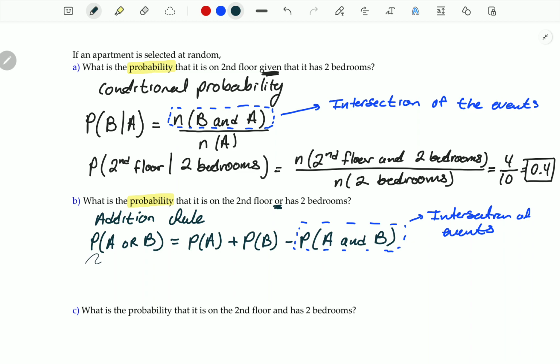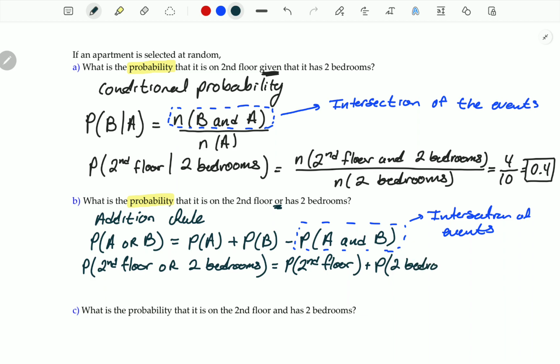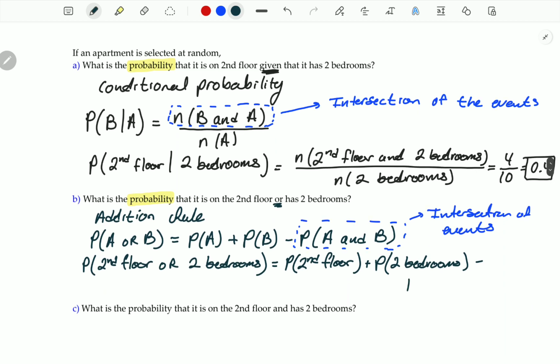So in our case, the probability of the second floor or 2 bedrooms is going to equal the probability the apartment is on the second floor, plus the probability of having 2 bedrooms, minus, I'm going to put it over here, the probability of second floor and 2 bedrooms.